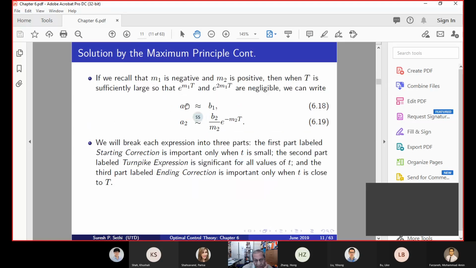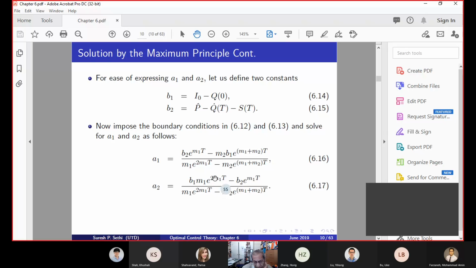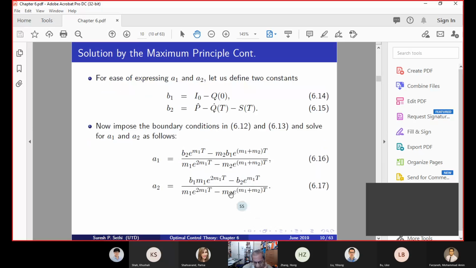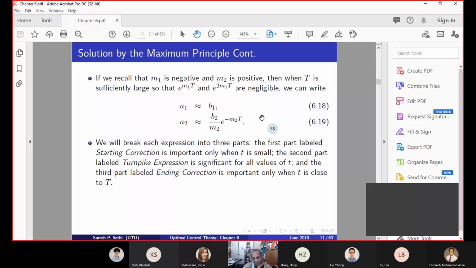Again, this one goes out, so these are 0, 0. That goes out, and M1T and M1T, that power cancels out. So I'm left with B2 divided by M2 e to the M1T. The minus comes because there is an M2 in the denominator, so when I bring it to the top, it becomes e to the minus M2T.